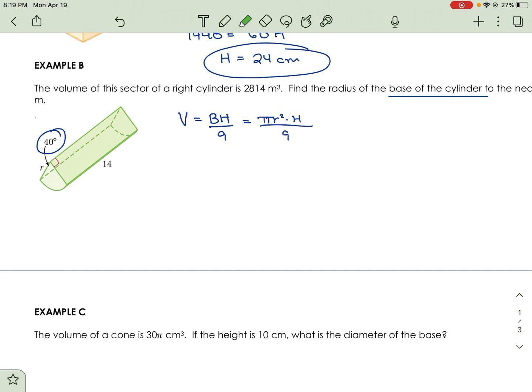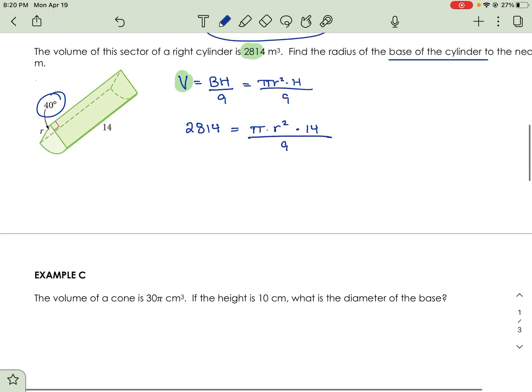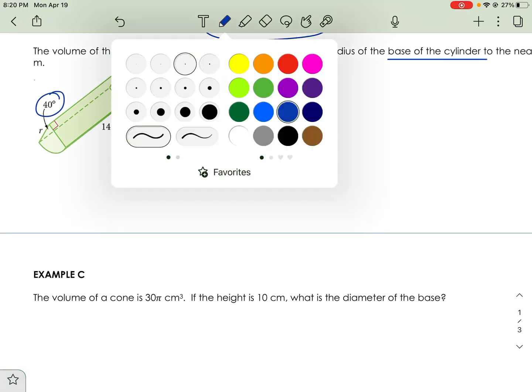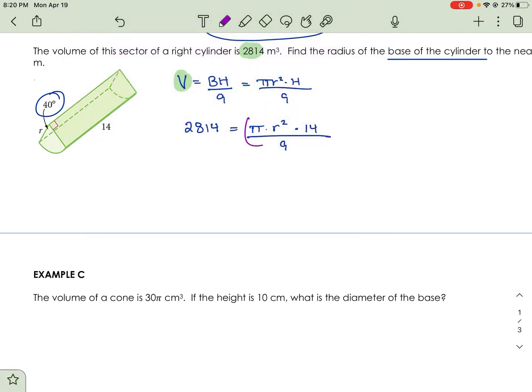If we fill in what we know, the volume is 2,814, so that goes in for V. So 2,814 is equal to pi times r squared, which is what we're trying to find, times the height of the prism, which is 14, divided by 9. First step, we would multiply by 9 on both sides.